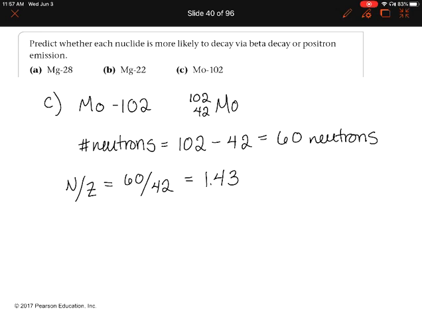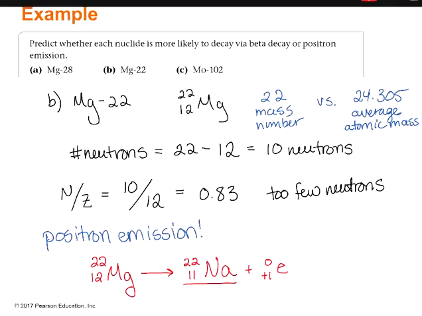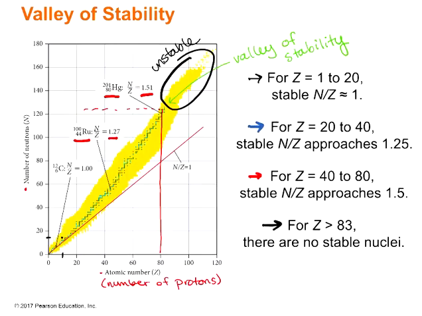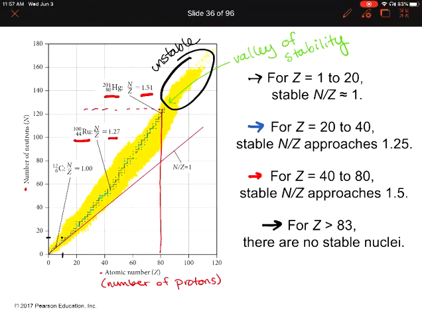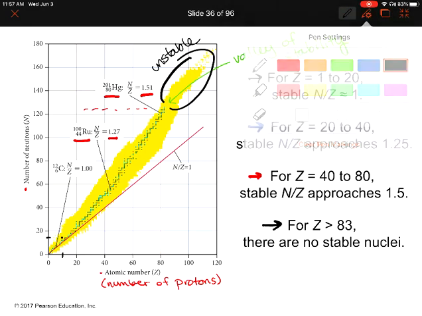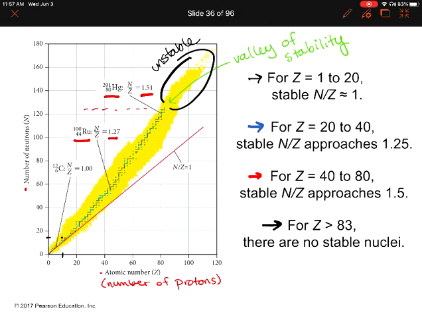Let's go back to our chart and figure out where that isotope is. I'm going to erase this line as well. We said molybdenum has 42 protons, so that's around here, and this particular isotope has 60 neutrons, so that's right here.